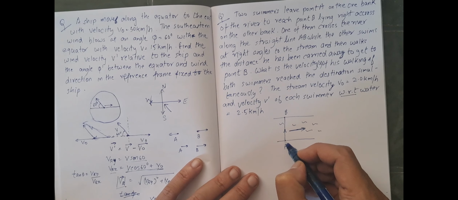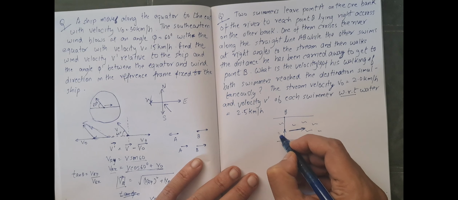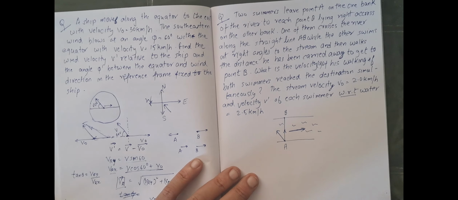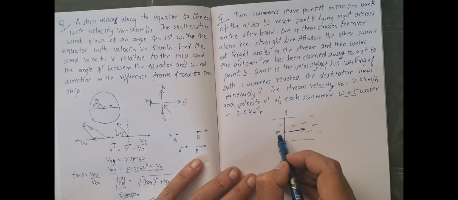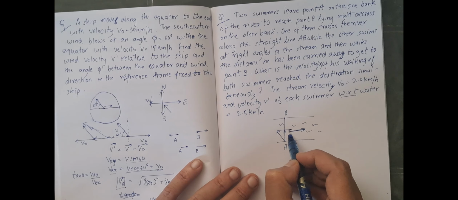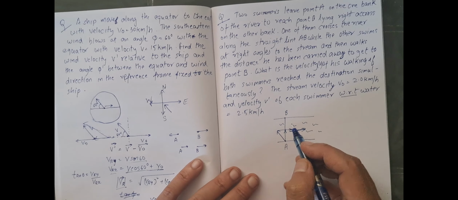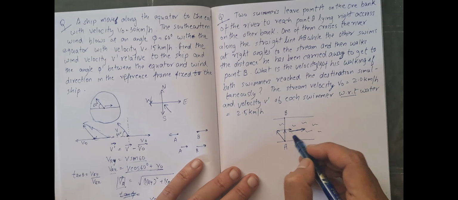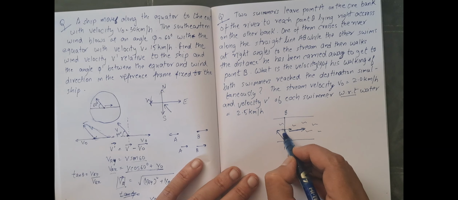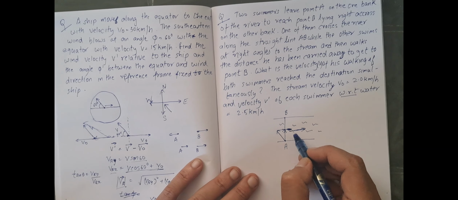That this swimmer must have gone somewhere along like this, right? And the river velocity must be like this, so the resultant vector must have been in the perpendicular direction. Yes, I have drawn it a little bit longer. It should have been like this actually, right?